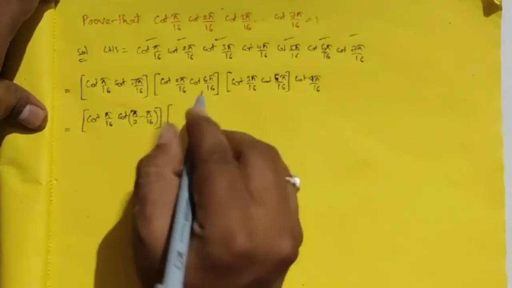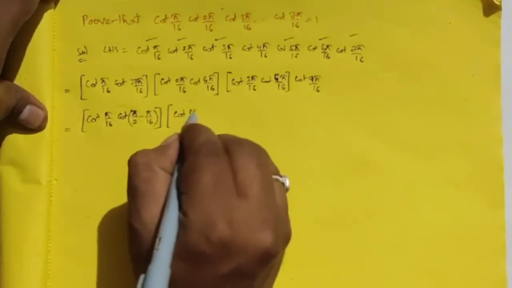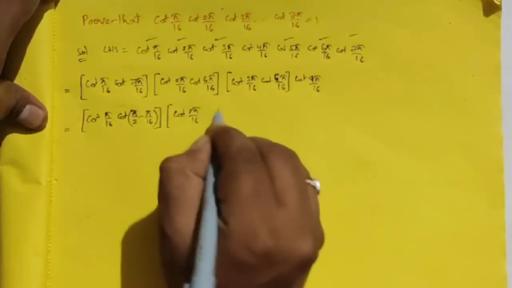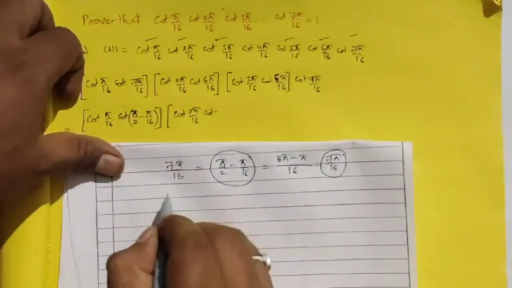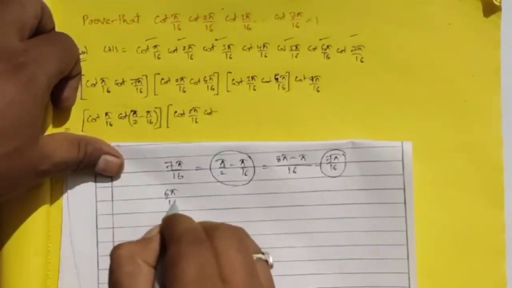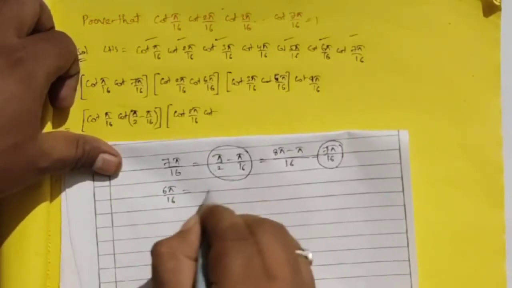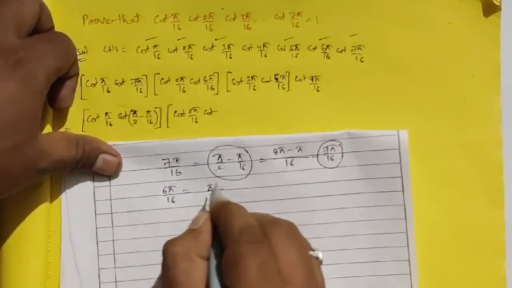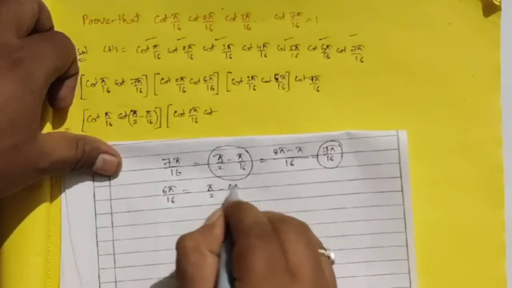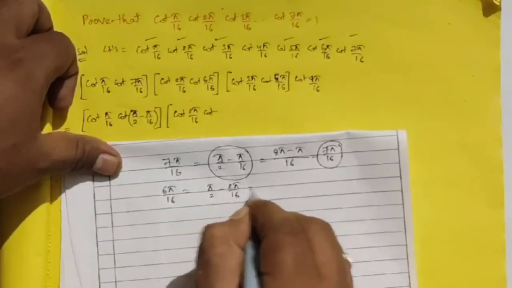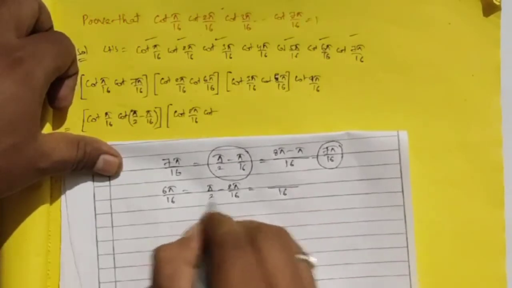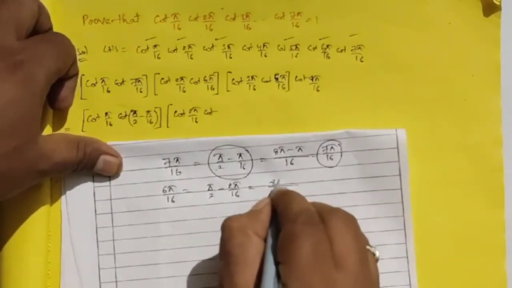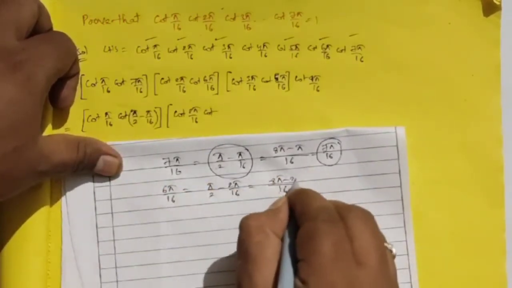then here you should write cot of 2 pi by 16, and you can write cot of 6 pi by 16 like this. 6 pi by 16 can be written as pi by 2 minus 2 pi by 16, because here 16 is the LCM and 2 eights are 16, which means 8 pi minus 2 pi.